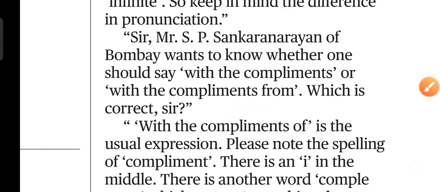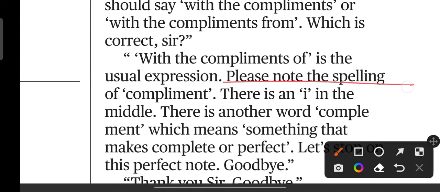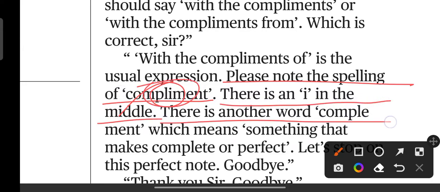And there is another thing. Please note the spelling of compliment: C-O-M-P-L-I-M-E-N-T. After L there is I, and before M there is I; there is an I in the middle. There is another word, complement, C-O-M-P-L-E-M-E-N-T: after L there is E, and before M there is E. It means something that makes complete or perfect.